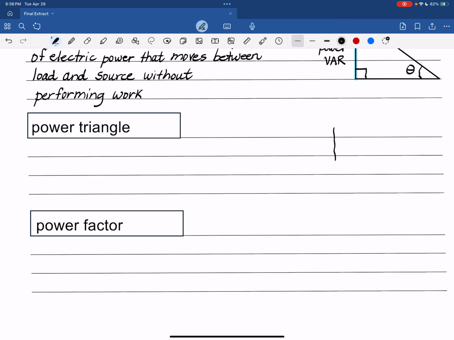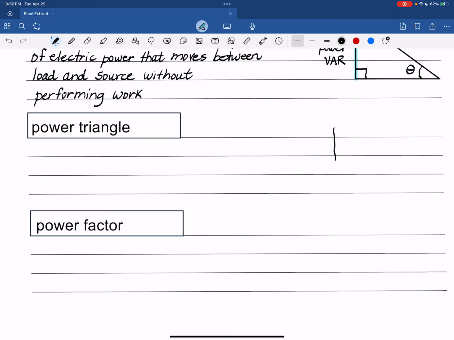So if you build a right triangle and you put in your right angle, you put in theta, you take your opposite side, which is VAR, it's reactive, and you take your adjacent side, your adjacent leg, that's your true power, and you take your hypotenuse, your VA, your apparent power, you have built yourself a power triangle.